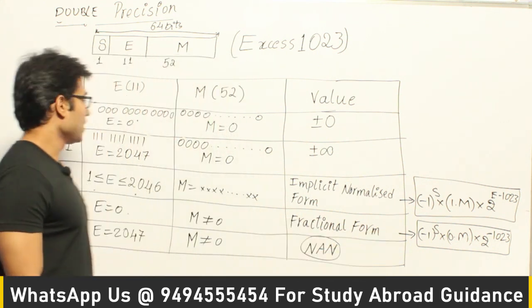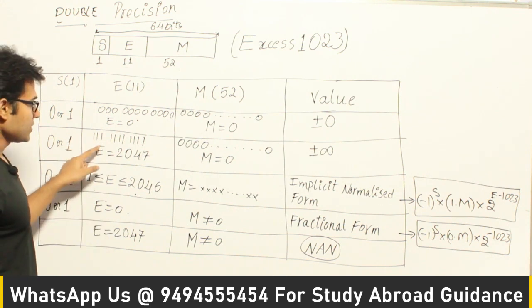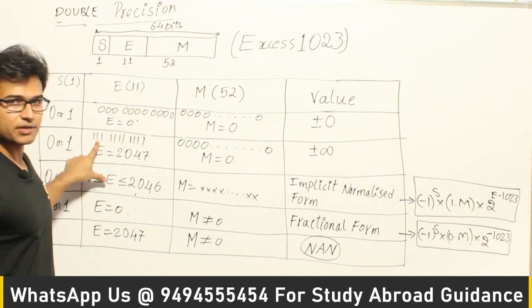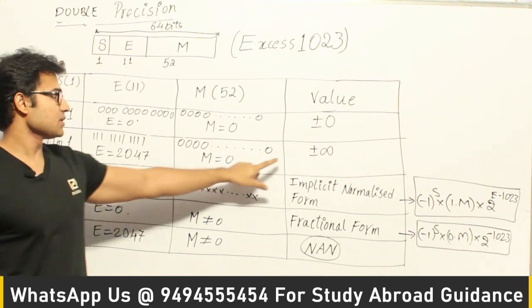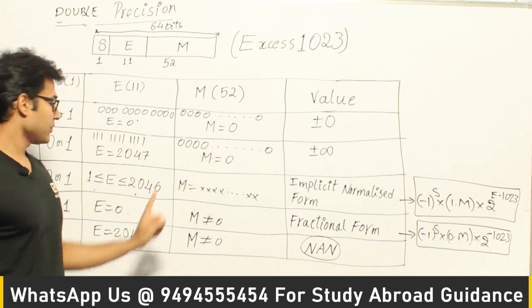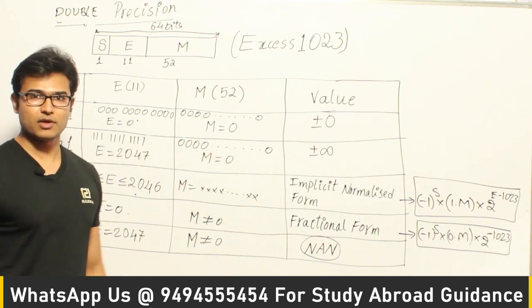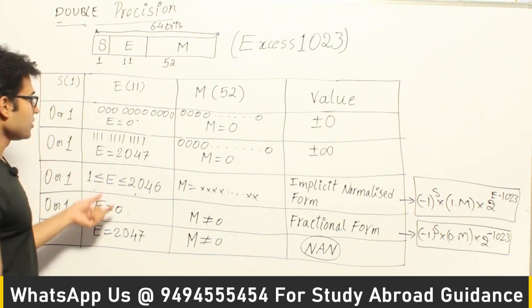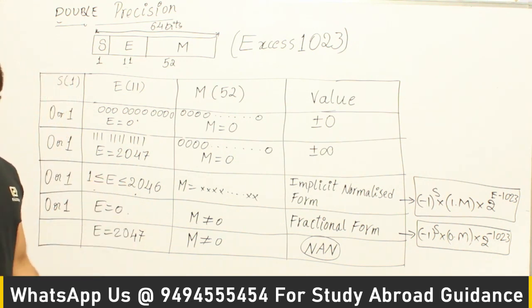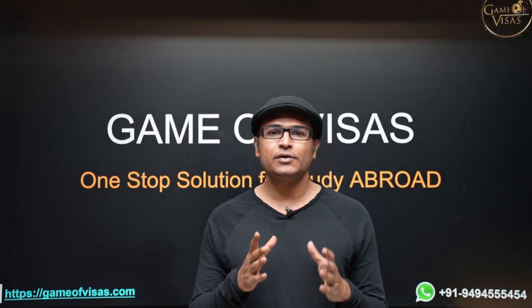And whenever e equal to all ones, it is reserved, which means one is you can represent infinity whenever e equal to all ones and m equal to 0, and the other one is when e is all ones and m is not equal to 0, it is not a number. For now it is not used, and all the remaining things are used for numbers. Got it? Okay.